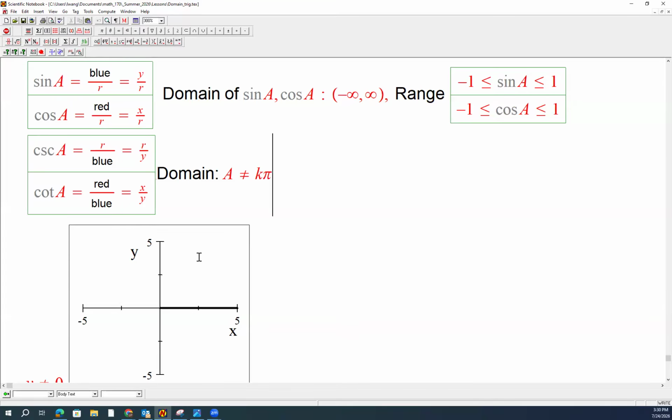Why? Because if k equals 0, the terminal is here. If k is 1, it's pi. So the domain cannot include any multiples of pi. And there we go, we got the domain.